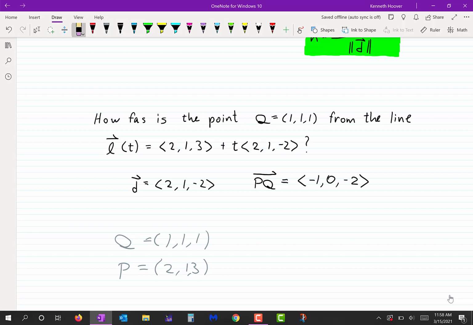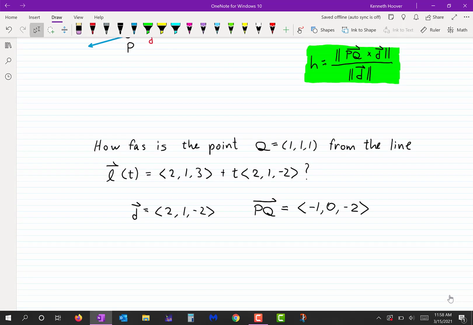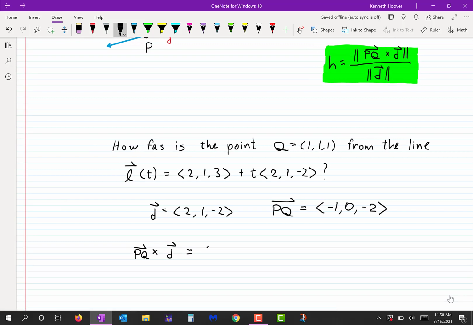Okay? And now we just follow our formula that I have highlighted up there. So we'll calculate PQ cross D. Let's do that. So now make sure you do it correctly.